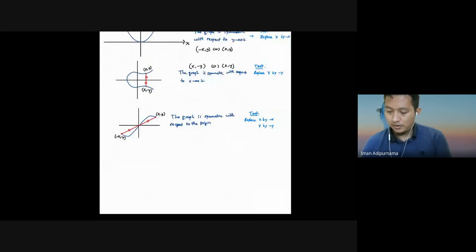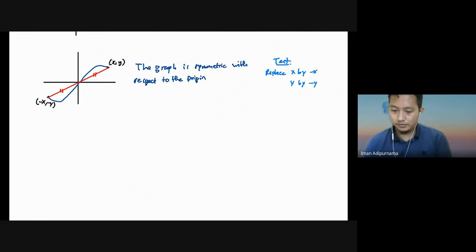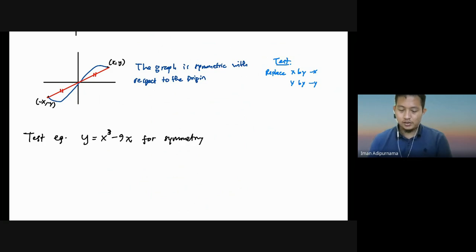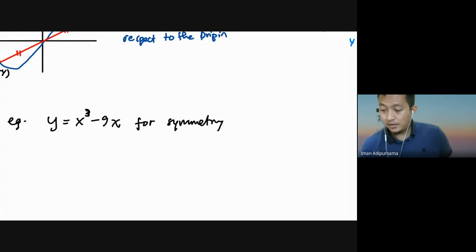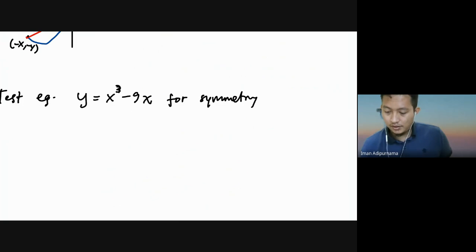Okay, let me give you an example. Test the equation for symmetry. So of course, if you look at the equation, it has a cube, right?